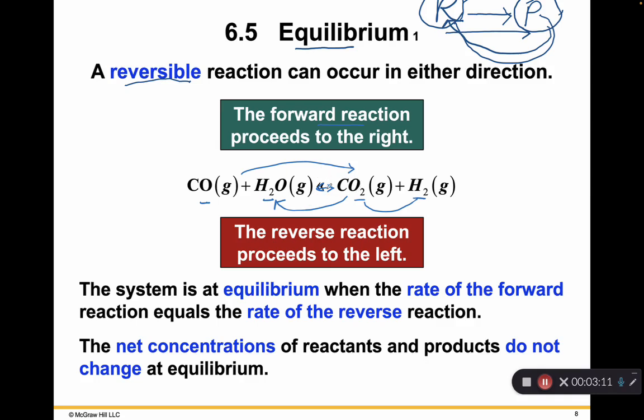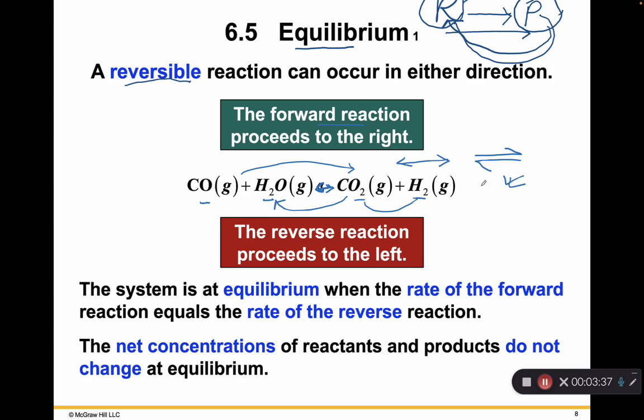Okay, we represent the reversible reaction with an arrow that shows both directions, because both directions are possible. So our arrow looks like it has a double head. Or you might see in the book that they use two arrows, one arrow going to the right, the other arrow to the left, to show that this is a reversible reaction.